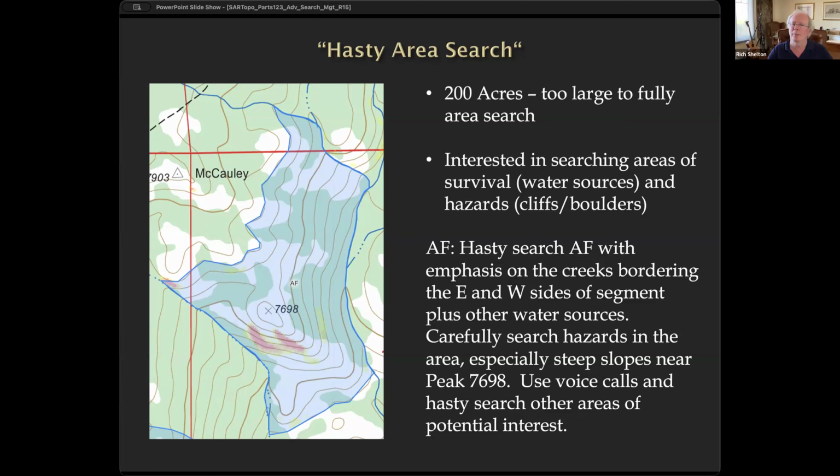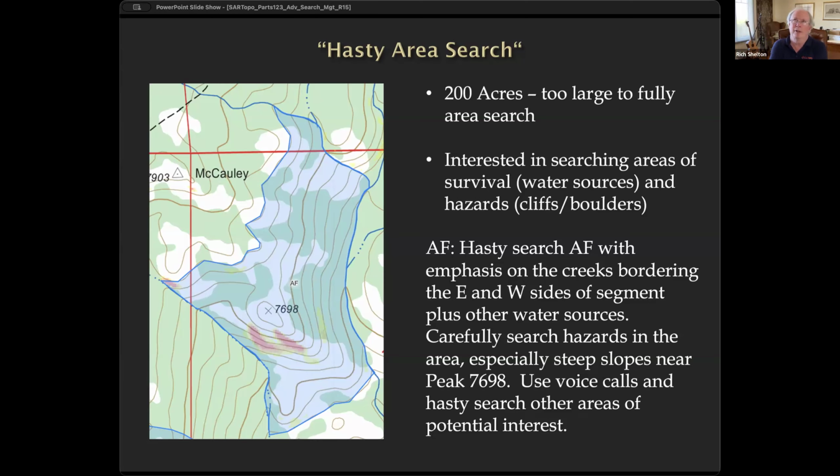So I'd say check the bottom of the cliffs to see if there's any injured party there. And then if we're on day 7 of the search, the only way this person's still alive is if they have water. So let's check all the little creeks and water access within that area, and don't waste your time grid searching the rest of the whole area. It's kind of a hybrid assignment, but it can be effective because I'm looking for very specific things within a giant area instead of telling somebody they have to spend 2 days searching that whole area.